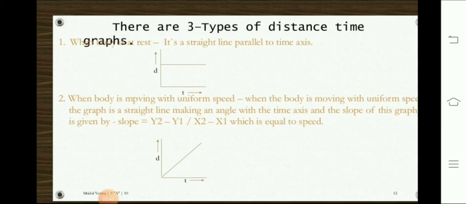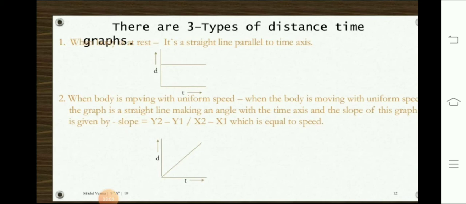Now how to find the slope of the graph? It will be y2 minus y1 divided by x2 minus x1. Take any two points on the graph; on the x-axis the first point will be x1 and the second point will be x2, and on the y-axis the first point will be y1 and the second point will be y2.